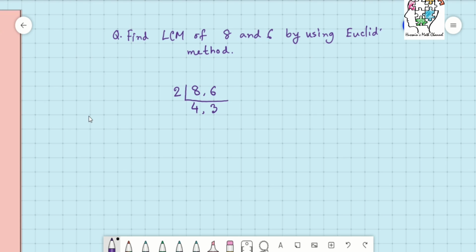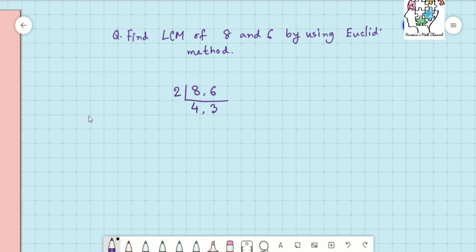Now see, 4 and 3 are two different numbers. One is even, another one is odd, and we cannot divide these two numbers by any common number. These are co-prime numbers, so we cannot divide them anymore with a common number.